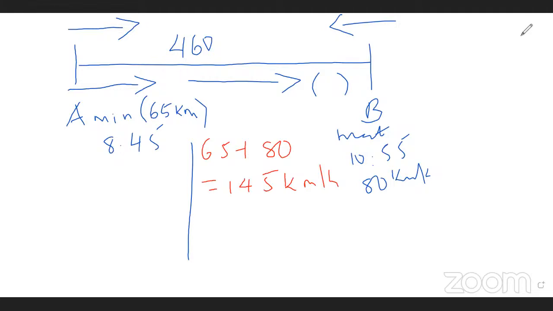140.83. Now, how do you get that? We know that it moved from 8:45 up to 10:55. Why 10:55? Because 10:55 is when the matatu started moving. So it moved for 10:55 less 8:45.